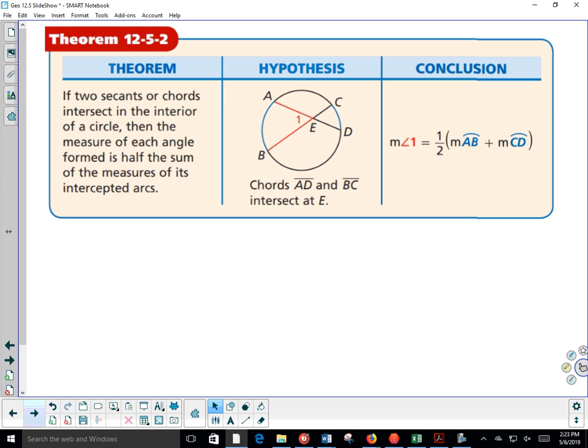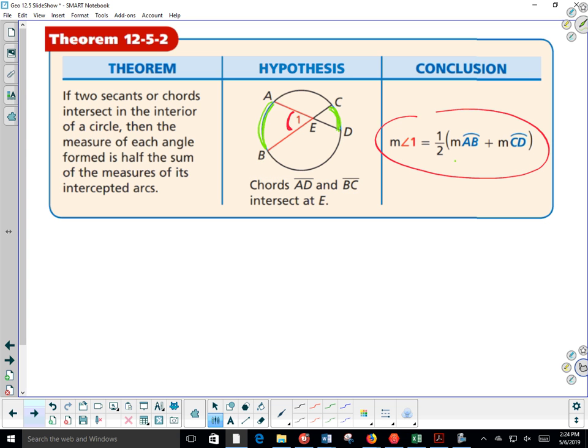So the hypothesis for this theorem is, you've got two chords, namely AD and chord BC, and they're intersecting at this point E somewhere in the interior of the circle. And then your conclusion is that the measure of angle 1 here is going to be half the sum of these two arcs, arc AB and arc CD.